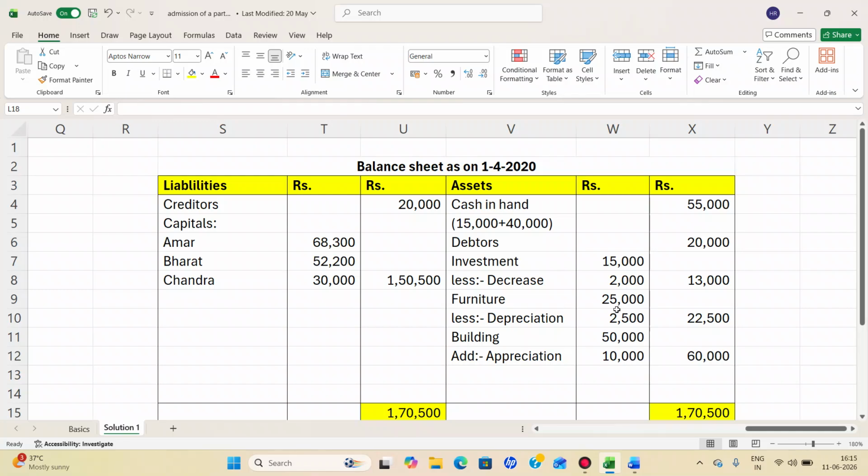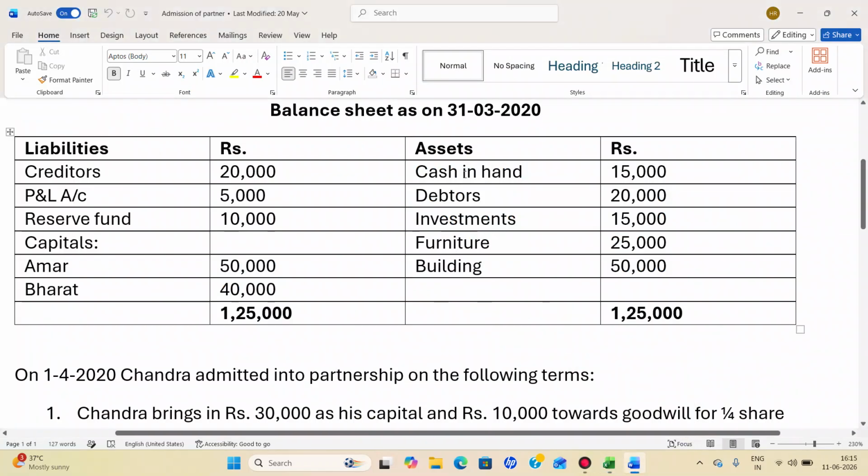And here furniture we have to write 25,000 less depreciation of 2,500. It is there in the revaluation account. If we deduct these two, we get 22,500. Next building, 50,000. And appreciation, if you add all these, we get 60,000. I will show you. Here, they have mentioned cash in hand, debtors, investment, building, furniture, and building.